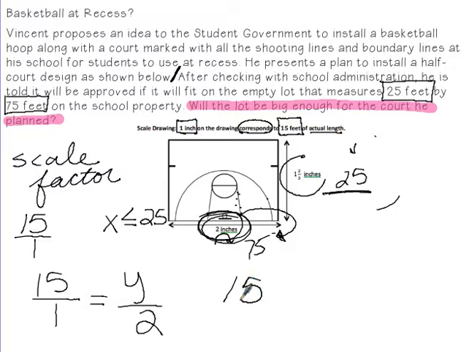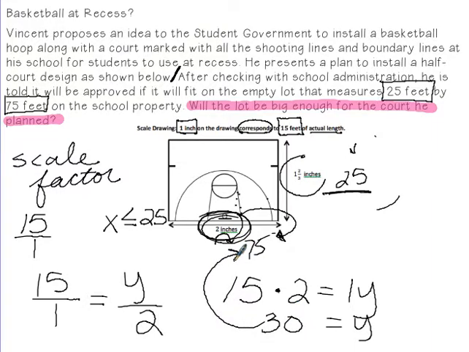I have 15 times 2 has to be equal to 1y. 1 times y is y, and 15 times 2 is 30. Well, since I know that this is significantly less than 75, I know that it's going to fit. He is going to be able to have that basketball court put in because it will fit within that boundary.